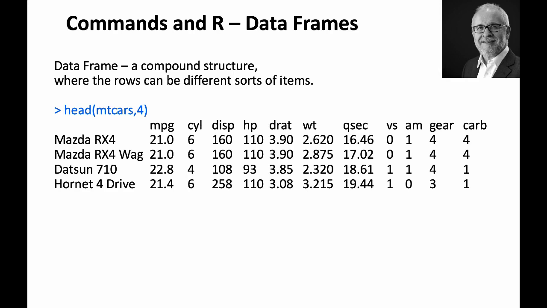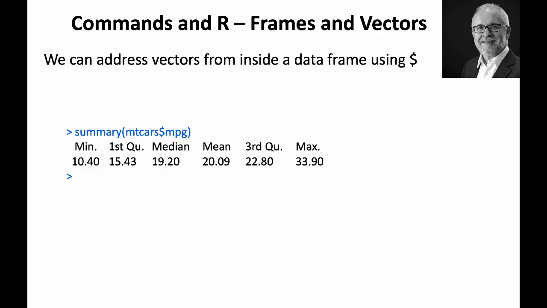So it's a really tidy way of grouping the information together. The command head(mtcars, 4) just shows me the top 4 things in this data structure. I could have done head(mtcars, 10) and it would have shown me the top 10 things in the data structure.